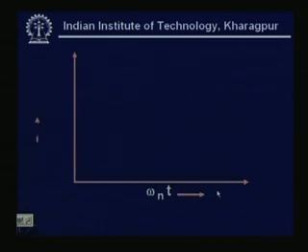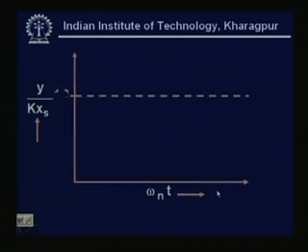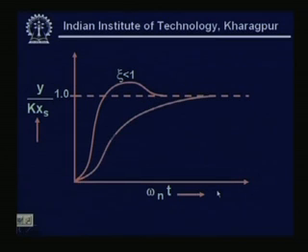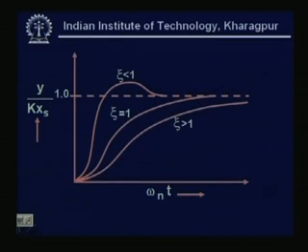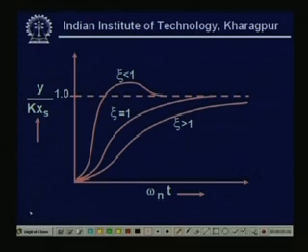Now, if I look at the response of this system, there is animation, okay, it has come properly. See, this is where I made xi less than 1, and this is xi equal to 1, and this is the overdamped system.